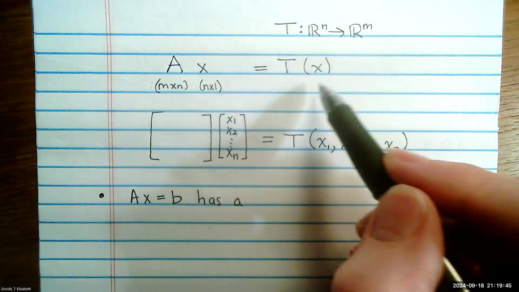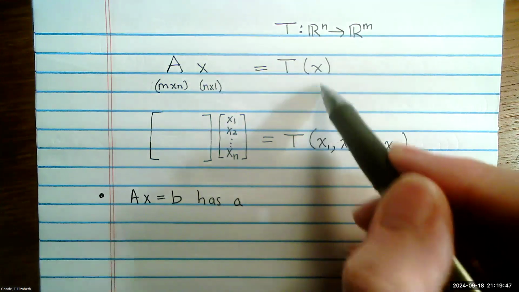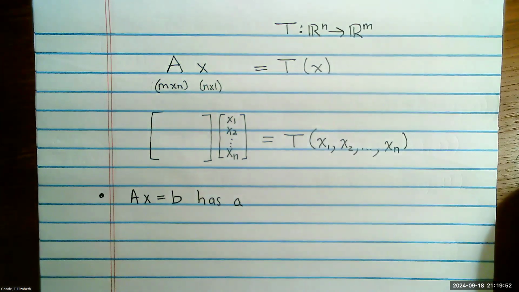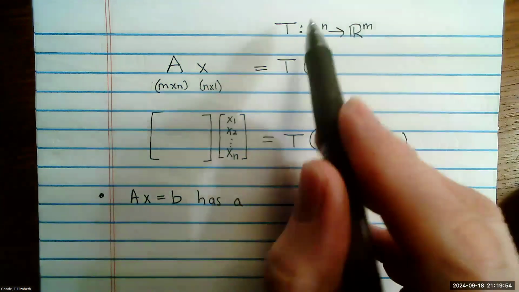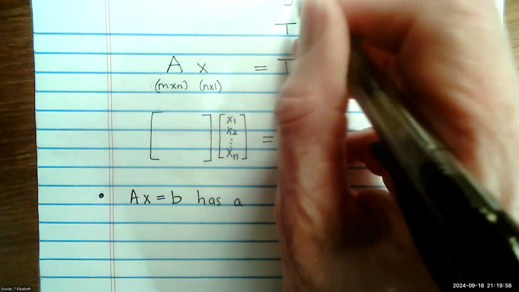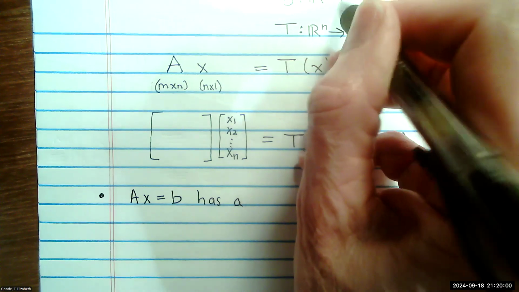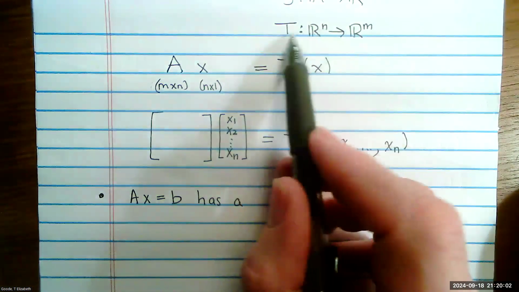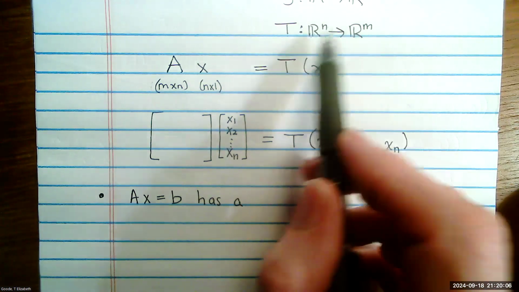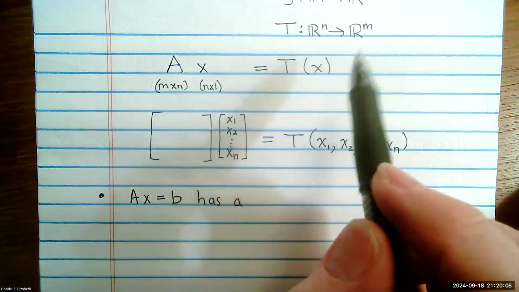It's got n coordinates. It's just a single vector. It's not going to span Rn, but it lives in Rn. Like this is functional notation, like f from the reals to the reals. But here we've got higher dimensions.